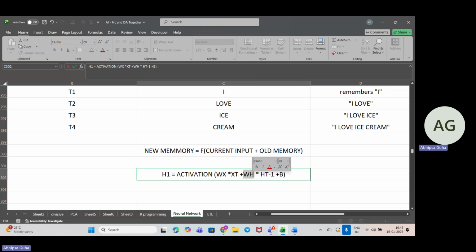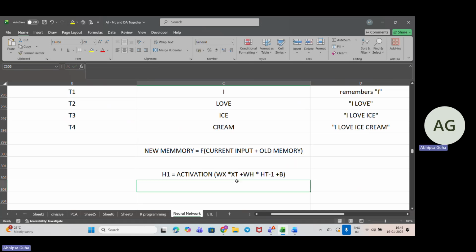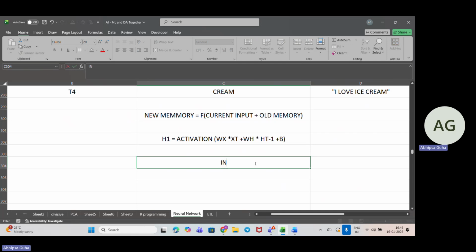We do give the weight to the memory as well. b is of course the bias, and Ht is my new memory. Okay, so this is the idea about the RNN.